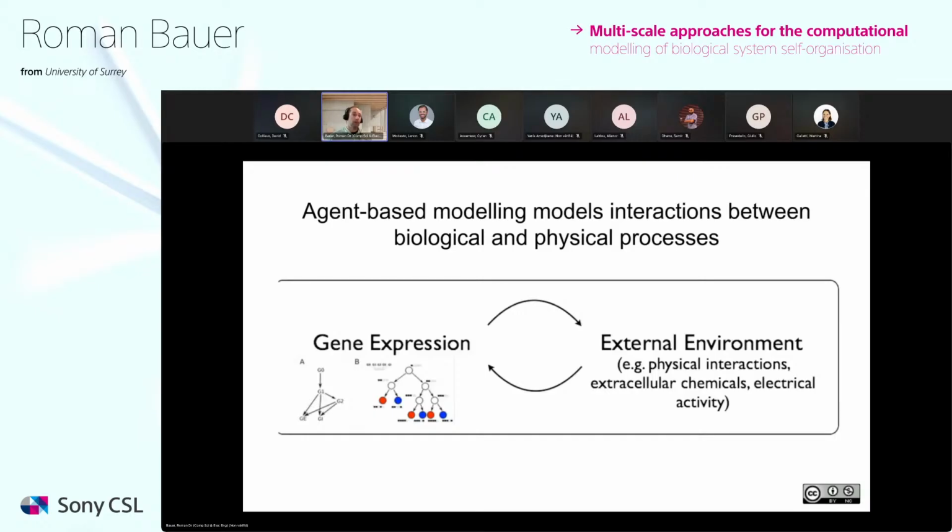We have, for example, chemicals, extracellular substances that diffuse in space and that act as guidance cues, for instance, or they can nurture cells. And there is, for example, also electrical activity, if we speak about neural networks or neural tissues. And it is this interaction that we want to capture with a computational agent-based model of a biological system if you want to model, for example, self-organization and development of biological systems.